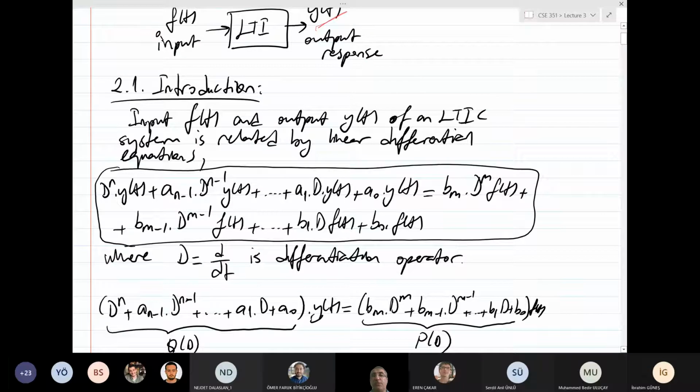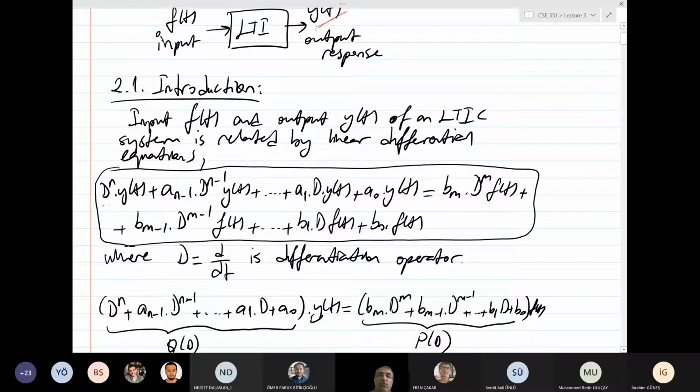First of all, we have an input and output. The input of this system and the output of this system are related by linear differential equations. So we define the system equation according to the differential equation. And the typical generalized differential equation is given as follows.